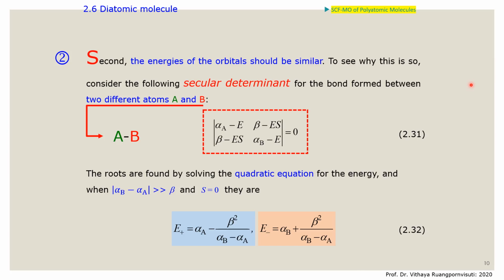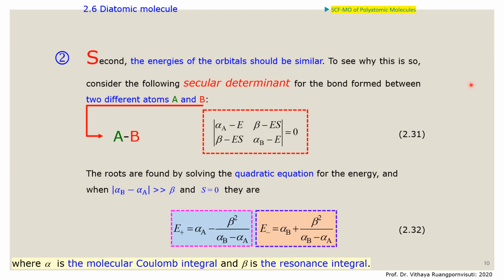When the value of alpha B minus alpha A is much larger than the value of beta, and S equals 0, therefore the energy E plus is equal to alpha A minus beta squared over alpha B minus alpha A, and E minus is equal to alpha B plus beta squared over alpha B minus alpha A, where alpha and beta are the molecular Coulomb integral and the resonance integral, respectively.